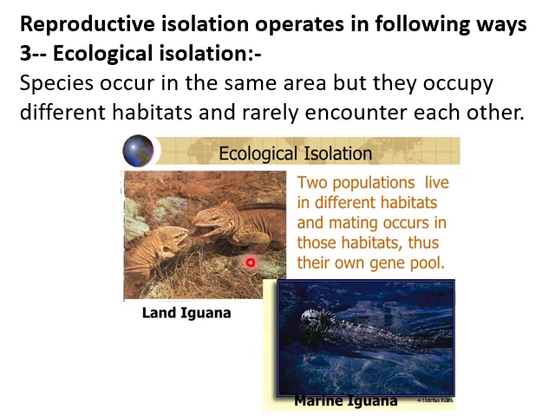These two populations live in different habitats and cannot interbreed with each other. Marine iguanas can breed with marine organisms, whereas land iguanas can reproduce only with iguanas present in the land environment or in dry habitats.